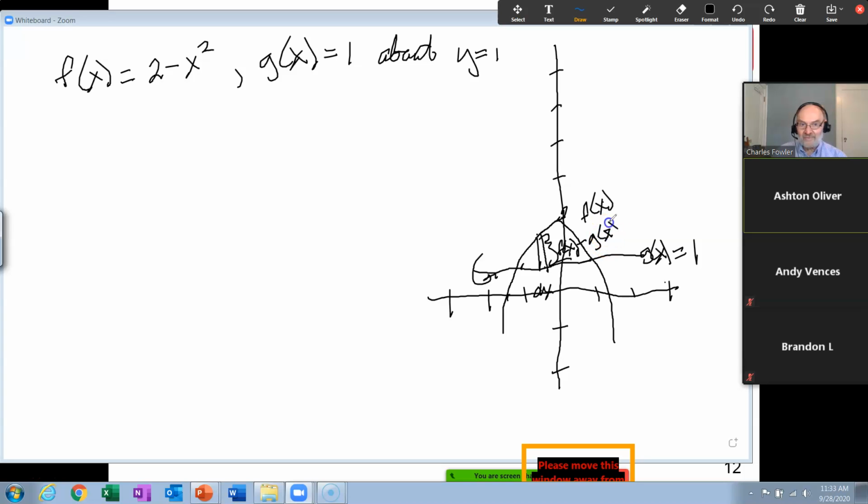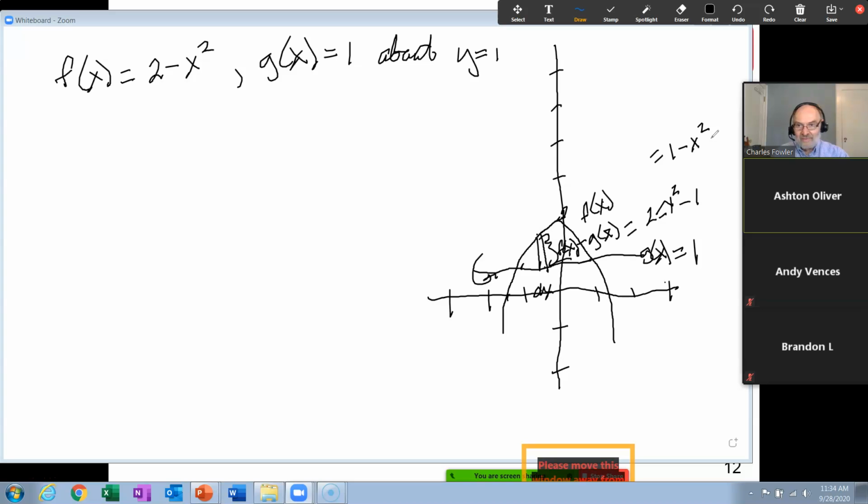That's your radius, because that's what you're revolving around, and that's going to be 2 minus x squared, minus 1, which of course is 1 minus x squared. Okay, so there's our radius.